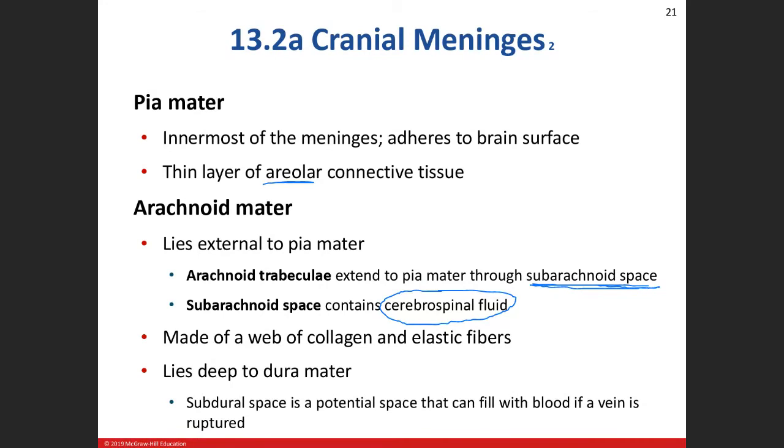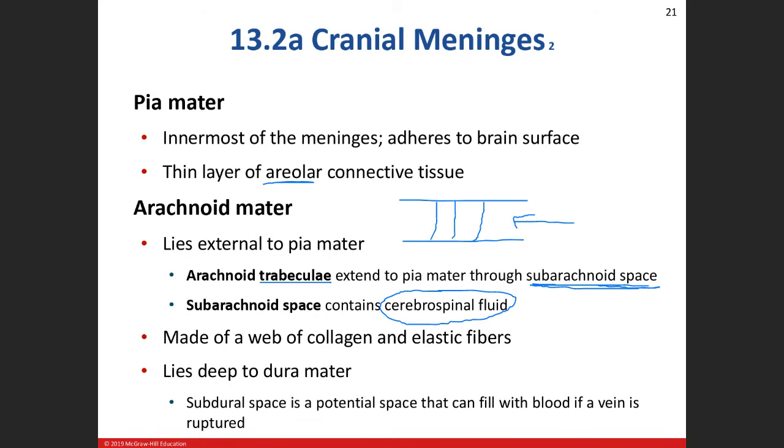In the subarachnoid space, we have these small extensions we call trabeculae. Here's the pia mater, here's the arachnoid mater, and these little extensions that go from the arachnoid mater to the pia mater, we call the arachnoid trabeculae. The space is located here, and that's where the cerebral spinal fluid flows through.